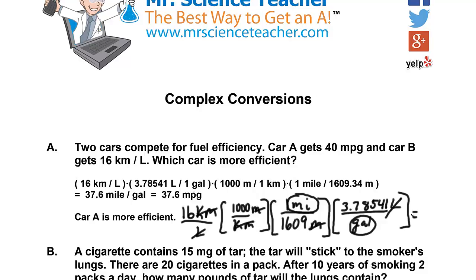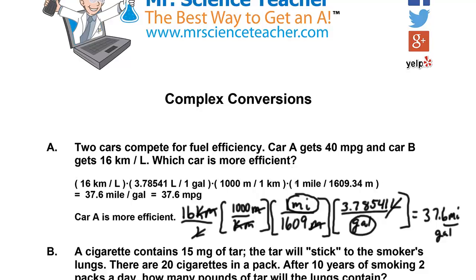And so we have 16, and we multiply by 1,000, and we divide by 1609, and we multiply by 3.78541, and we get 37.6, and that's miles per gallon. All right.